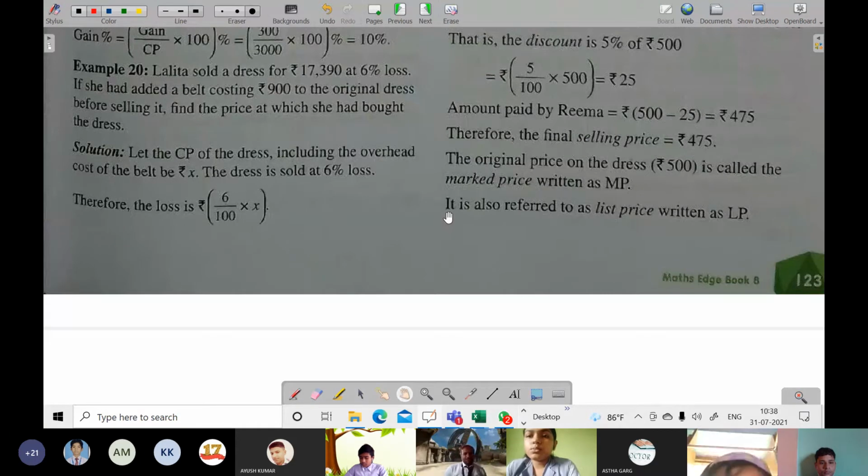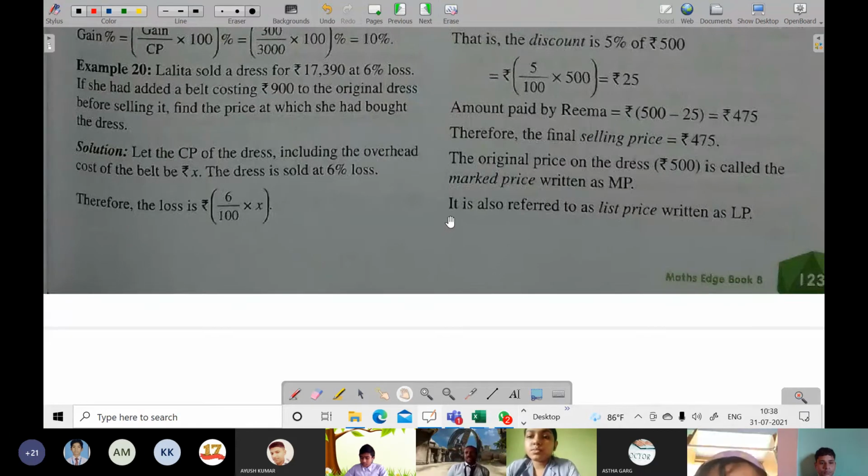Now just see, it has been said Lalita has sold the dress at rupees 17,390, which is at 6% loss. And here it has been said if she had added a belt of rupees 900 to the original dress before selling it, find the price at which she had bought the dress.